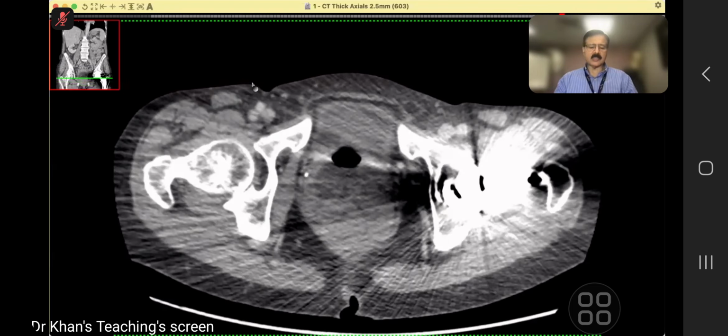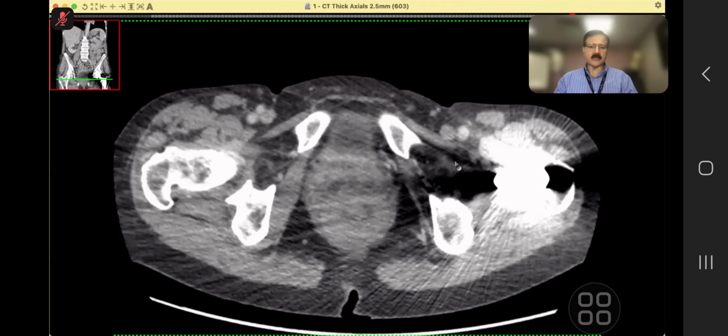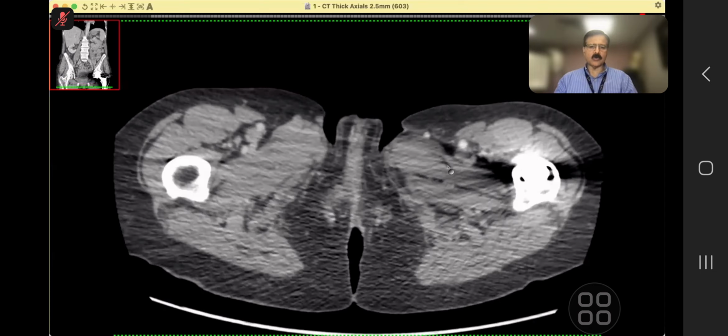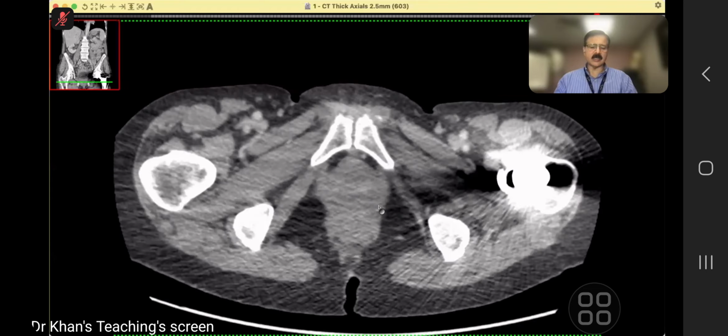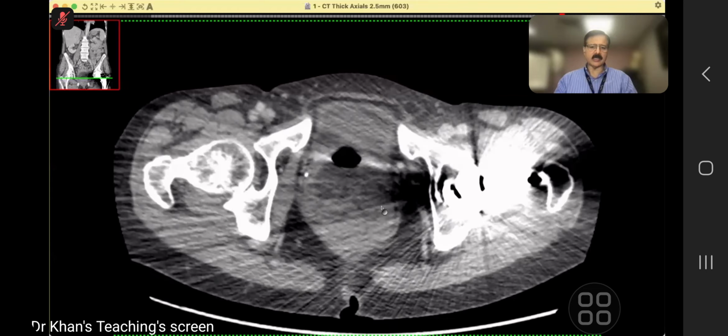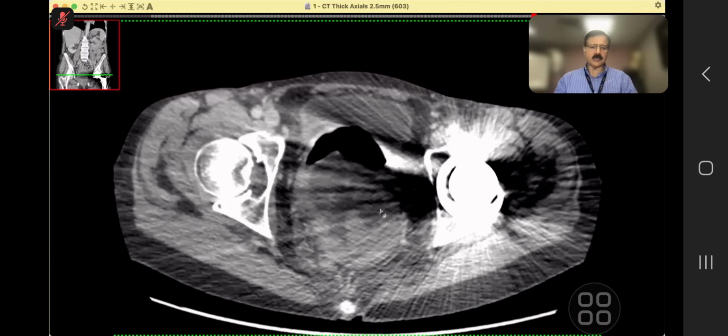Now, this particular case was very tricky because of this artifact, which I do understand. Now, if you go distally, this is the anal canal. On a CT, anal canal is never seen very well. But here you can infer that there is a mass, it is posteriorly placed.